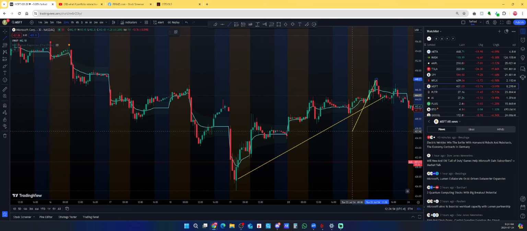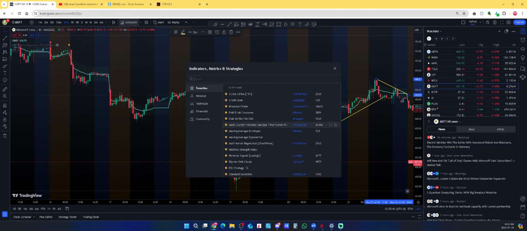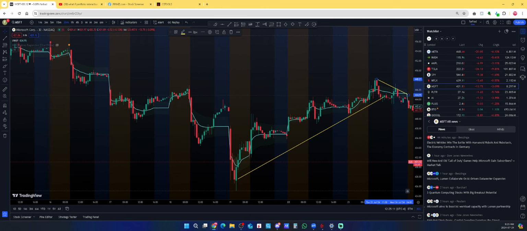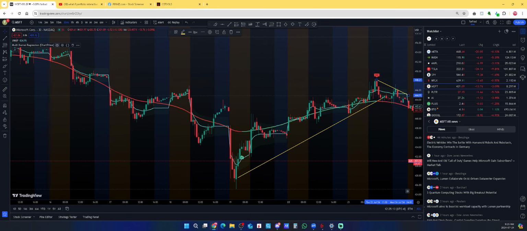But there is an indicator that you can use, and I just added it here. It's called multi-kernel regression, which is right here, and when you add this, it gives you an overall view of the trend. As you can see, the trend is down here, the trend is up here, and it differentiates by the color of the line up here.